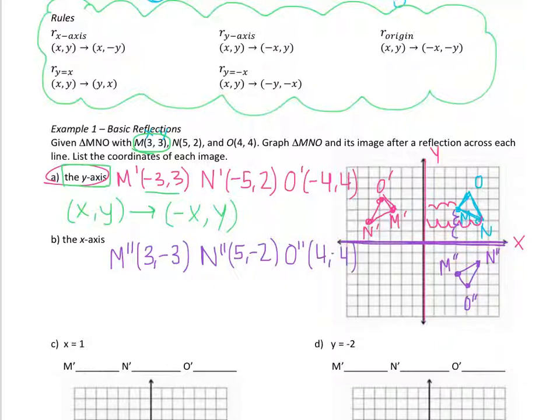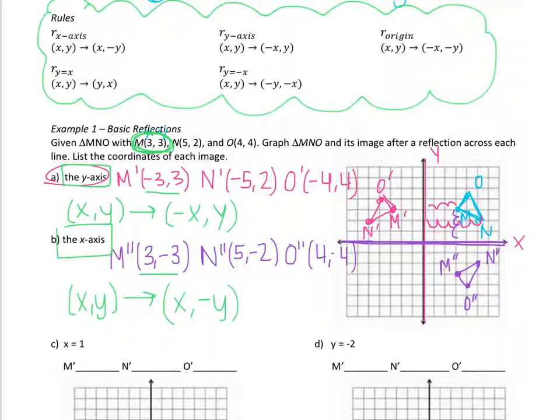So again, we're done with this example, but if we want to look at the rule for reflection over the x-axis, and again I focus on my original point M and my new point M double prime, I see that the coordinates x, y map onto, well, I go from a +3 again to a +3 for x's, so x stays the same, and then the y's go from +3 to -3, so it looks as though we're negating y.